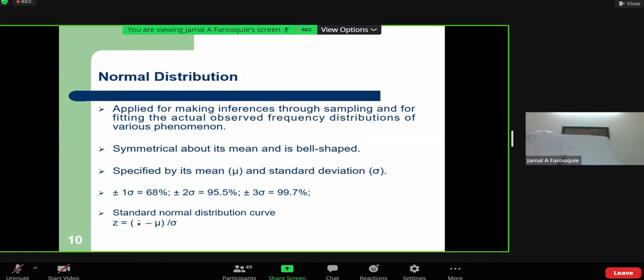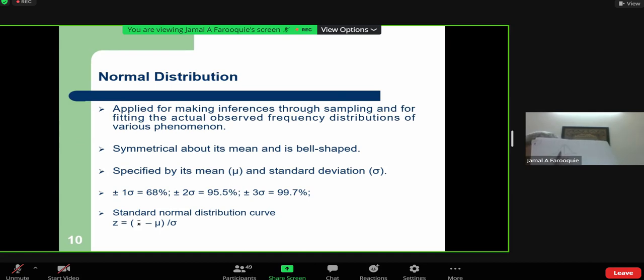The mean of a normal distribution we express using mu, and its standard deviation as sigma. It is 50% on this side and 50% on this side because it is symmetrical about its mean.